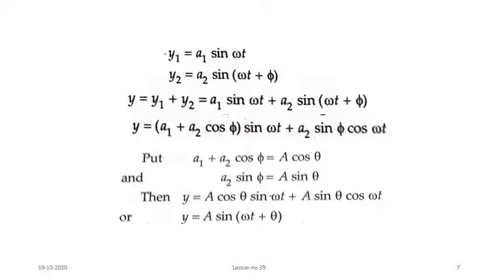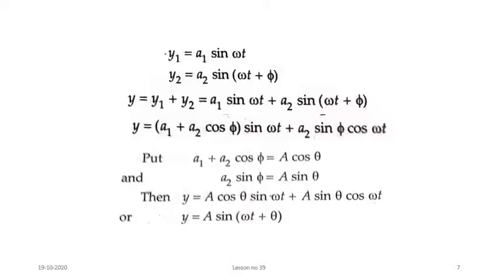Therefore, using the sine A plus B formula, y equals A sine omega t plus theta. Now this represents your resultant wave, which is harmonic in nature. Harmonic means it repeats after every equal interval of time. Here y represents the displacement, A the amplitude, omega the angular frequency, t the time, and theta the phase difference.